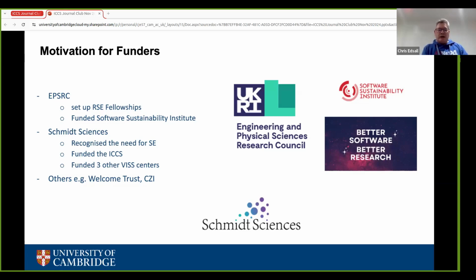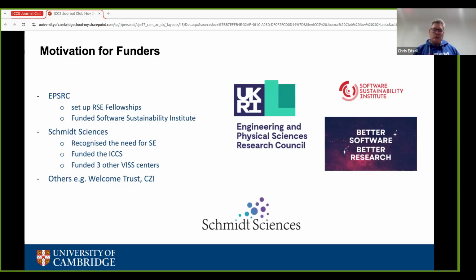Another funder who was interested in this concept was Schmidt Sciences, or Schmidt Futures as they were at the time. They also recognized this need for software engineering, although coming from the US at the time, the term RSE hadn't sort of made it across the Atlantic or permeated all the way through.